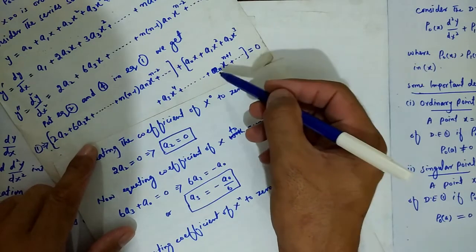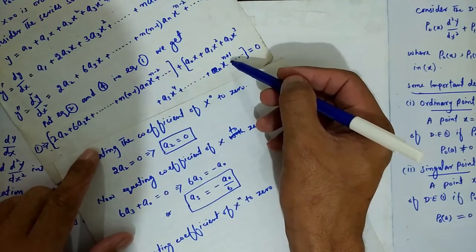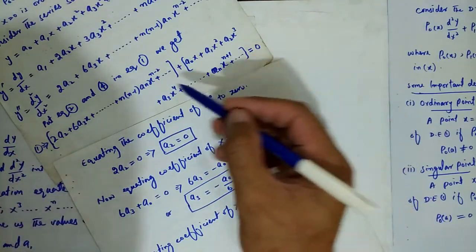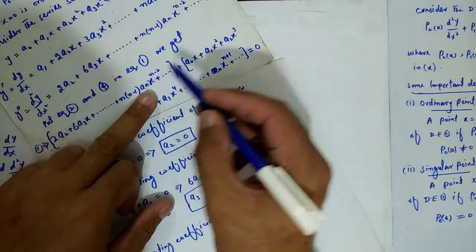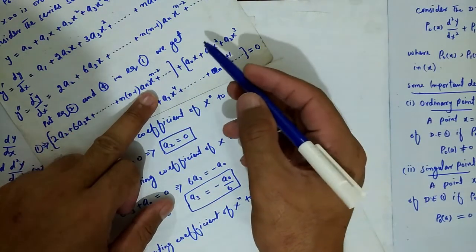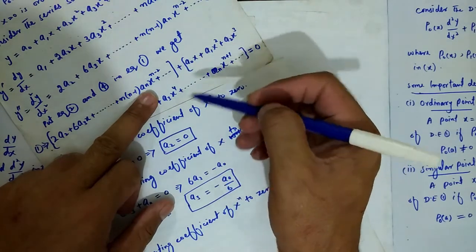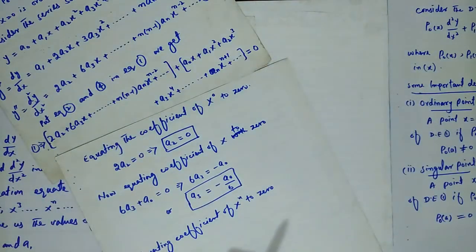And similarly in this series we have x to the power n plus 1, and before that we will have x to the power n. So this is x to the power n minus 2. In the next step we will have x to the power n minus 1, and after that x to the power n.